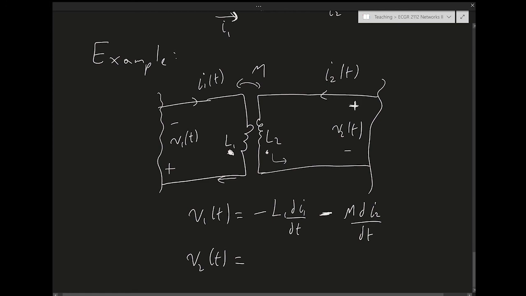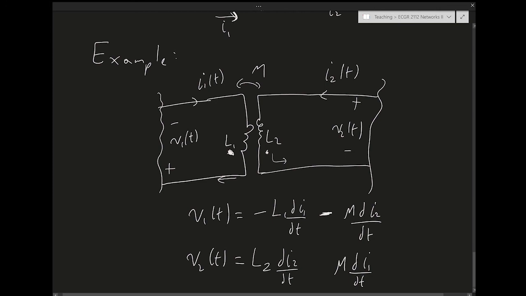For the self-inductance term, you always look at the current direction and the positive polarity for the voltage. For the mutual, you look at that, but you also look at the dot. So I2 is going into the positive polarity, so the self-inductance component is positive, L2 di2 by dt, and then I have the mutual part, M di1 by dt.